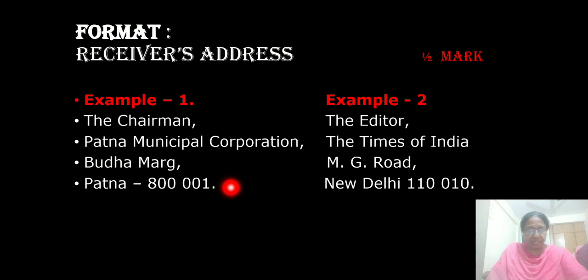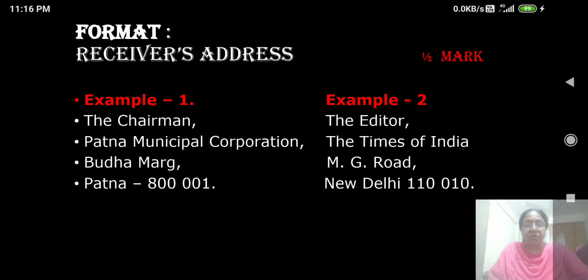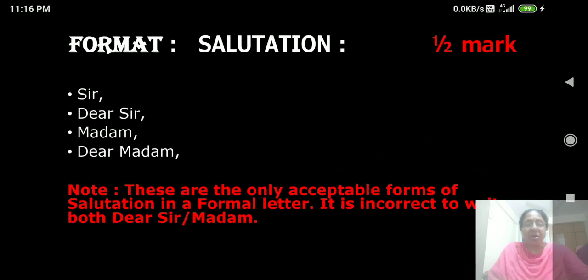So again you need to keep in mind that this address also in its entirety should be correct. So we have here two examples of the receiver's address. If there is any mistake with the receiver's address, you will not get half a mark that is allotted for this.